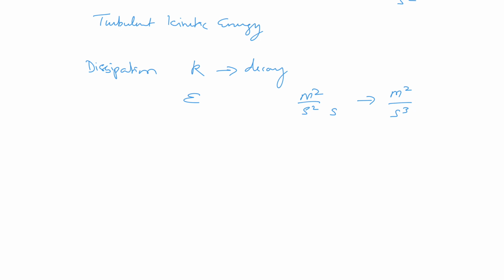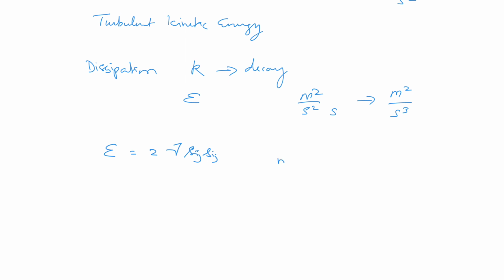In other terms, what we can find is epsilon equals 2 nu s_ij s_ij, small s_ij, that you need to note. So how we can dimensionally check whether this is equal to meter square per second cube.